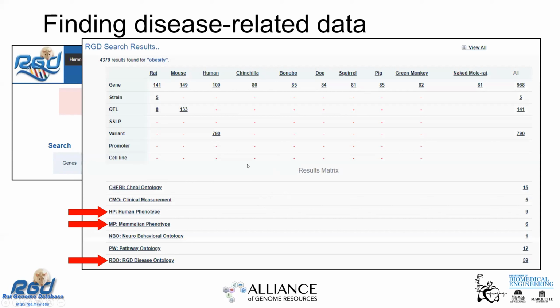And when you do that, you'll come up with genes, strains, QTLs, SSLPs, variants, a bunch of data across species, and a number of different data types, but you'll also come up with this information about how many terms there are in each of the ontologies that we use that match your search criteria. So in this case, we'd be most interested in the human phenotype, the mammalian phenotype, and the disease ontology.